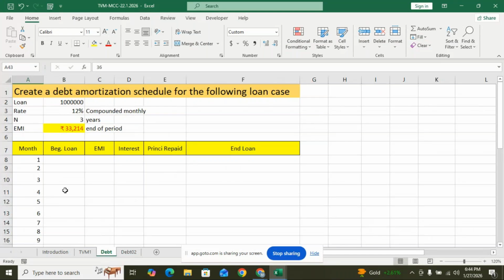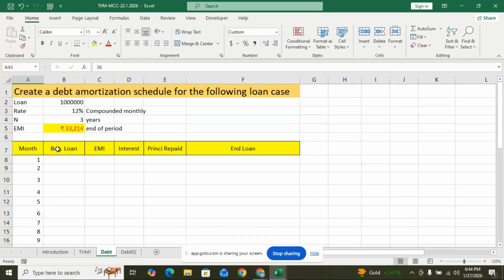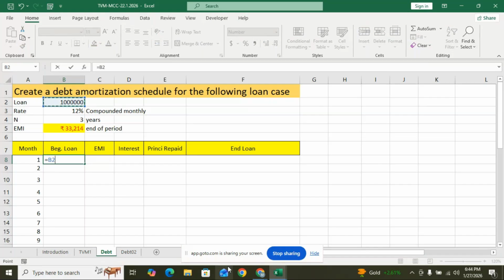So here the first column is the month, first month, second month, so the total number of months. As I've told you, 3 years means 36 months. Now, beginning loan amount. What is the beginning loan amount? What you're supposed to do is equals to, so what is your initial loan amount? It is 10 lakh, equals to 10 lakh.